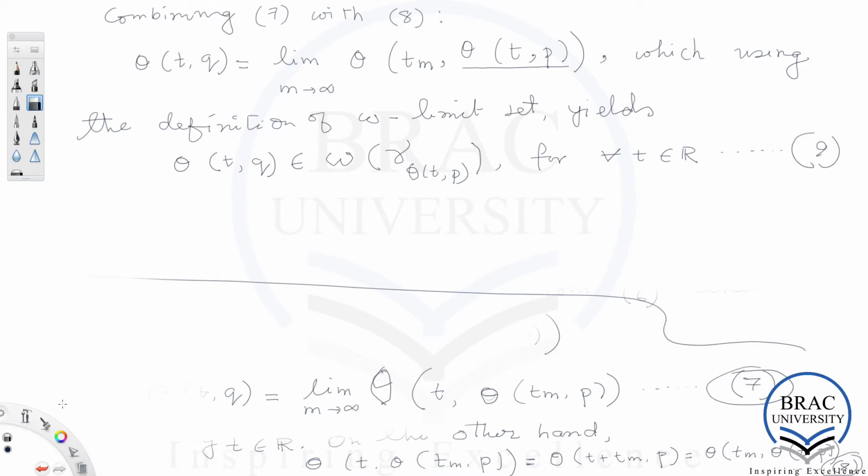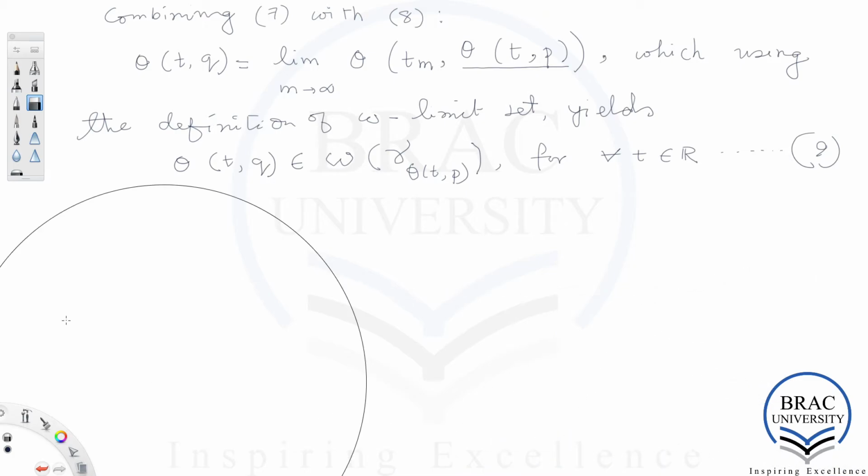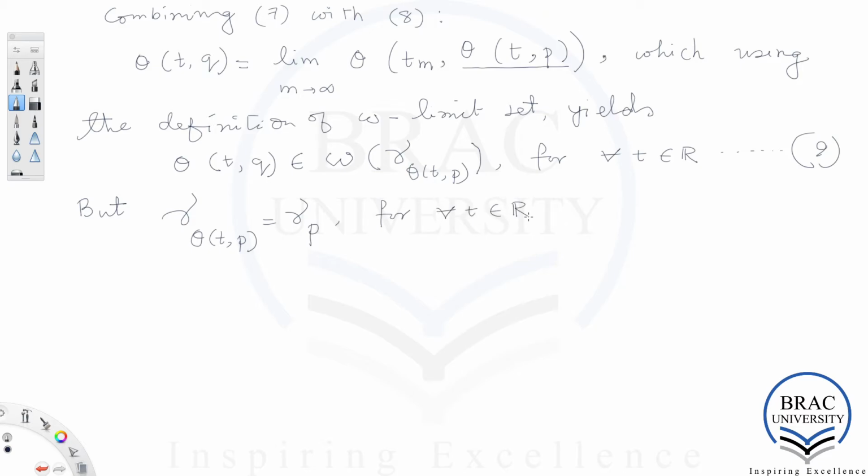Okay, let me erase this part now. But an important thing to note here is that gamma sub theta t comma p is equal to gamma sub p, meaning that the orbit of theta t comma p is the same as the orbit of p for any t in the set of real numbers.